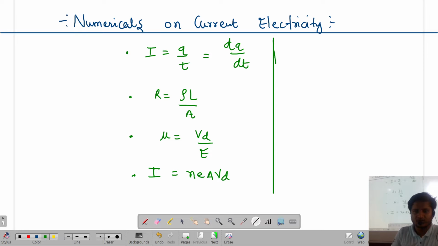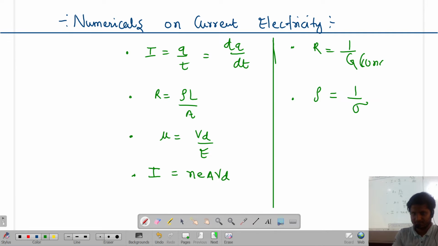After that, resistance is equal to 1 by conductance G, while resistivity is equal to 1 by conductivity sigma. Conductance and conductivity are two important things.